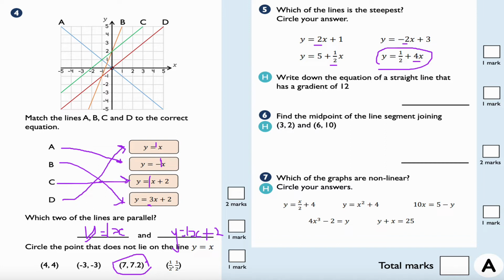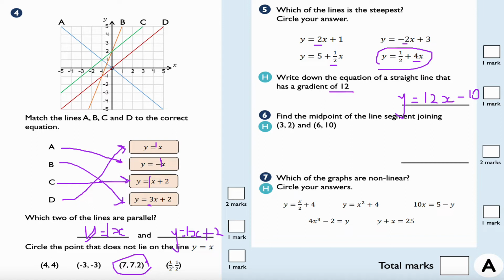Next one. Write down the equation of a straight line that has gradient of 12. It can be y is equal to 12x minus 10, let's say. Making this one up completely. As long as it has the 12 in front of the x, it doesn't matter what the plus c is here. It can be minus a billion, minus 10 billion, plus a trillion.